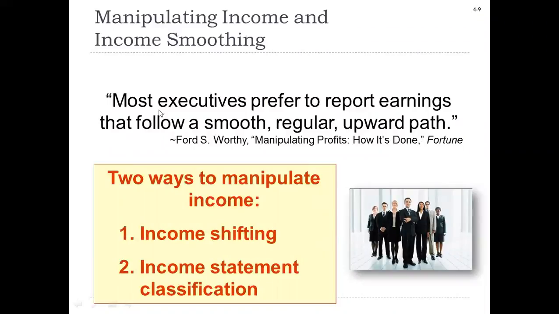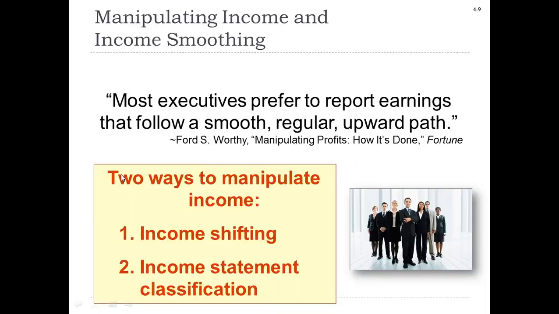Just concept things here, manipulating income, income smoothing. Basically, most companies, as is indicated here, prefer to have earnings that follow a smooth upward trend without a bunch of highs and lows and ups and downs.